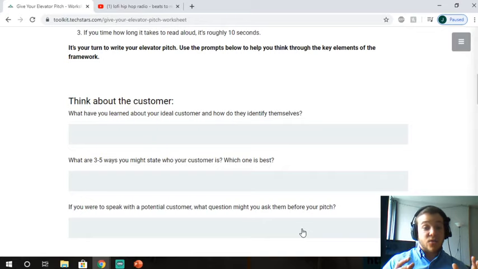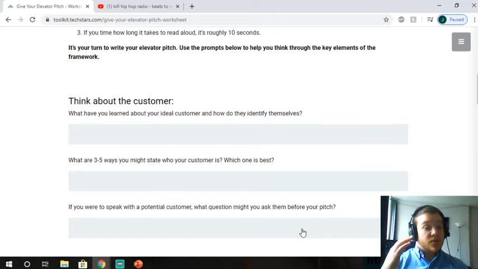These are the sort of things that you want to start looking at before you're even at the point of crafting this. Now you could do it from the beginning, but it's a lot easier once you've actively talked to your customers and can put in their language what the problem is that they may have. So who are your customers? Then you can write down 3 to 5 ways you might state who your customer is.